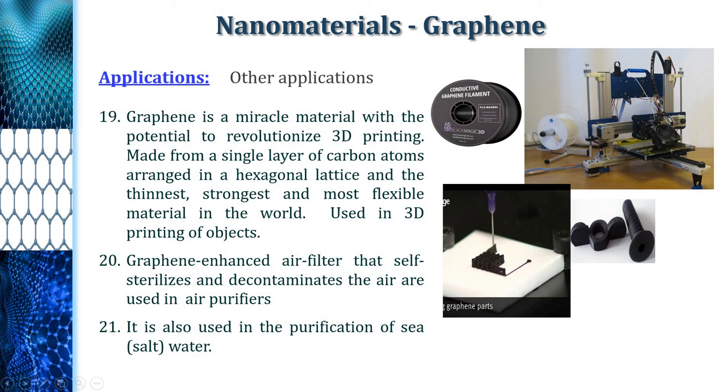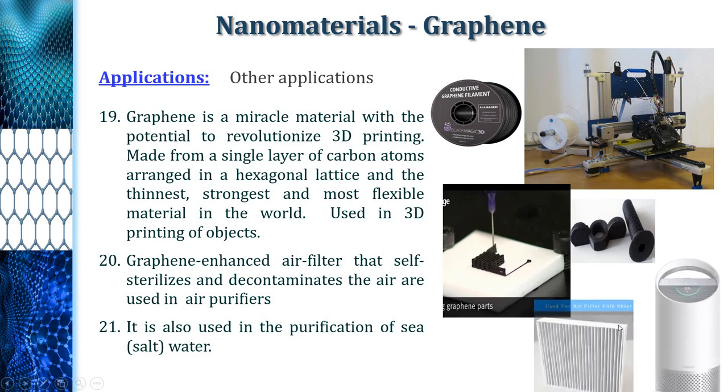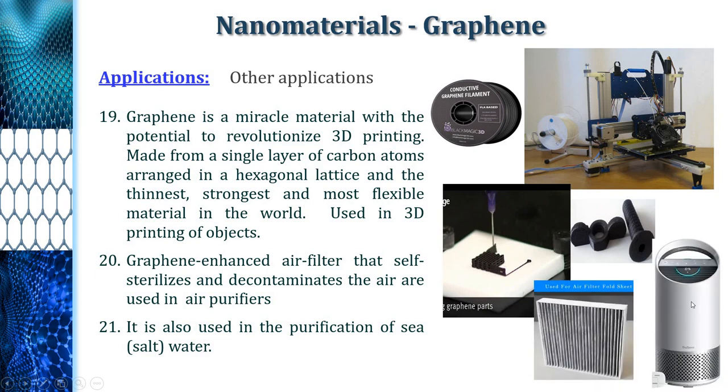Since graphene has very high tensile strength and very good impact and compressive strength, and is light in weight, the 3D printed graphene items are also long lasting. Then graphene is used in air purifiers and in the purification of salt water.